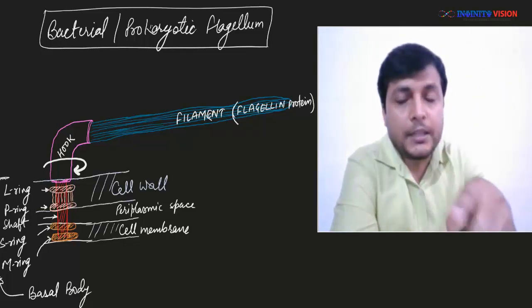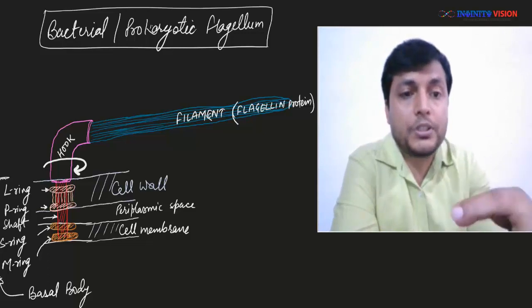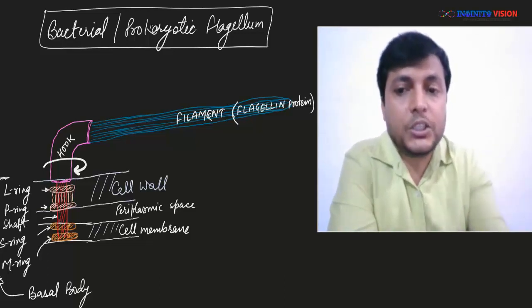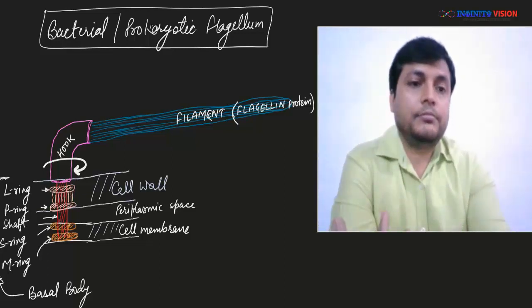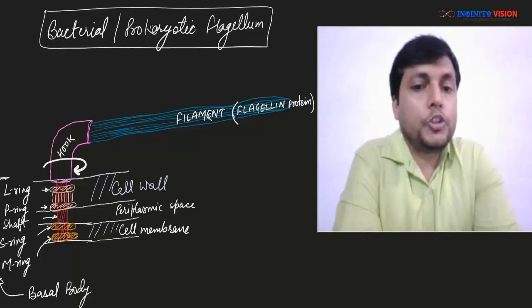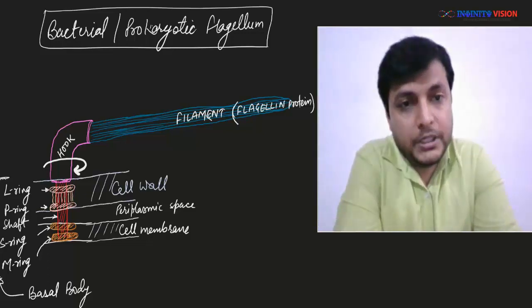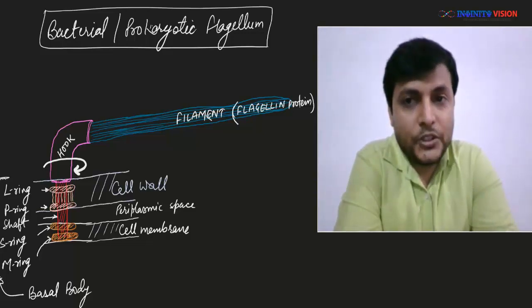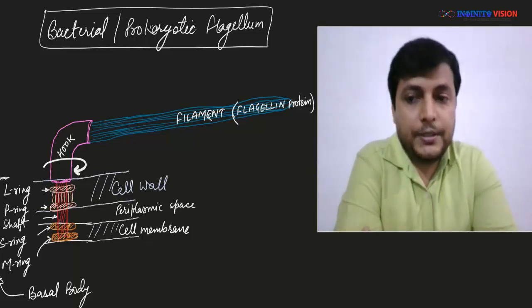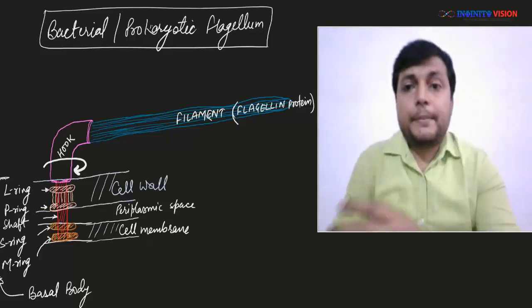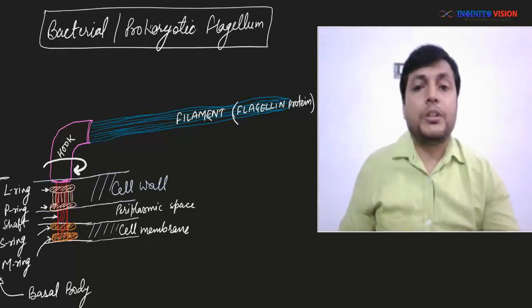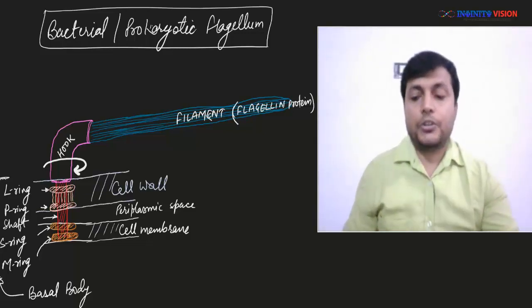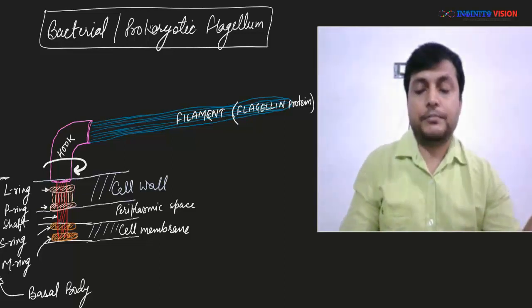As a result, this produces a force, and using this force the bacteria swims in a medium, or we can say it shows locomotion or movement. So this is how flagellum works. Great. So this is about the structure of the prokaryotic flagellum.